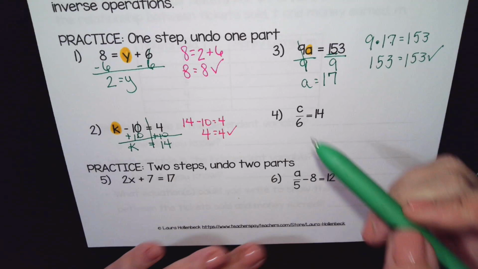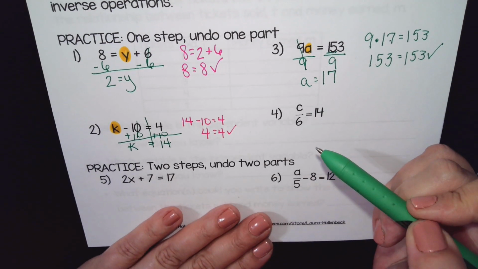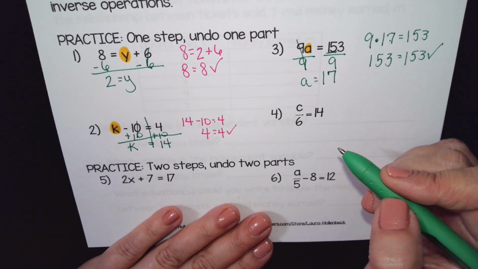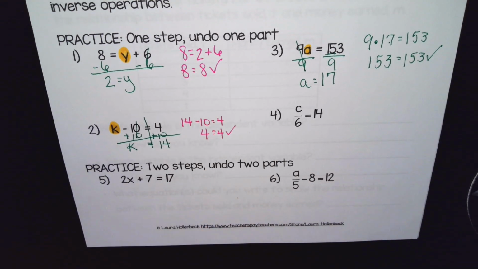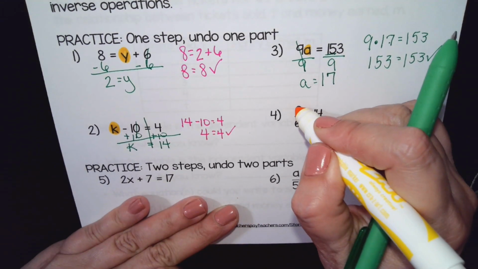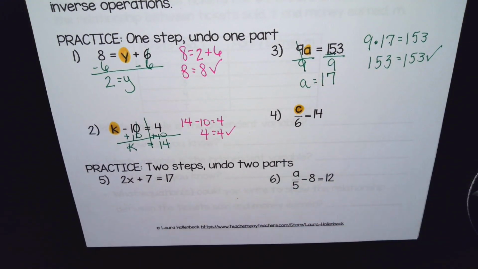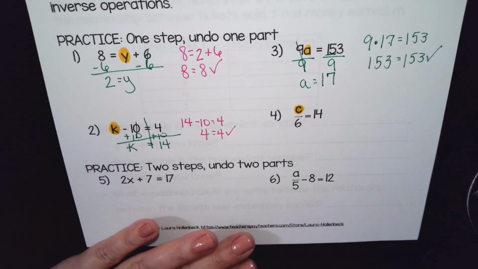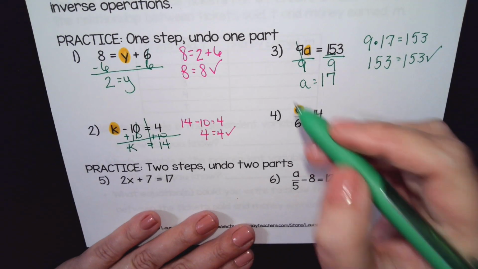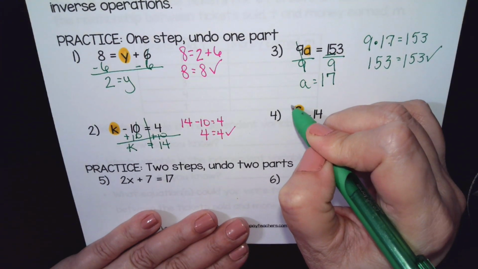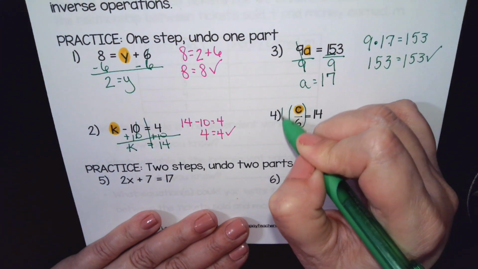Look at the next one. The next one has a fraction bar. And we know a fraction bar equals division. So my variable is C. So something divided by 6 equals 14. The opposite of division is multiplication. So I'm going to use parentheses and multiply it by 6.